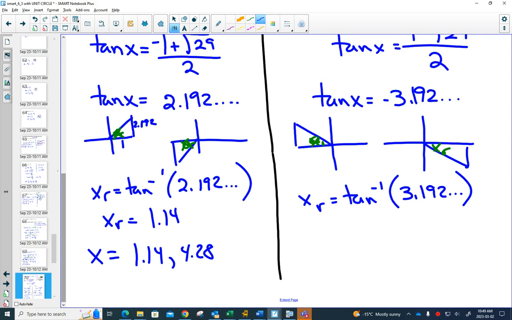Reference angles are based on actual triangles with actual lengths. So when we do tan inverse here, we have to do tan inverse of positive 3.192. Your reference angle is 1.27.